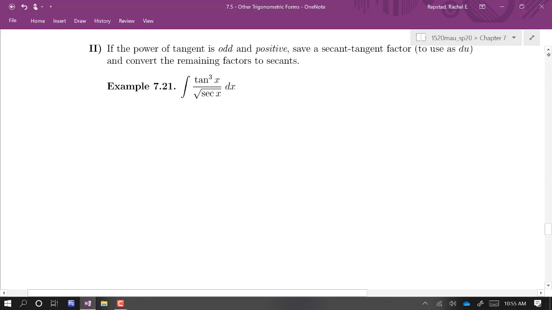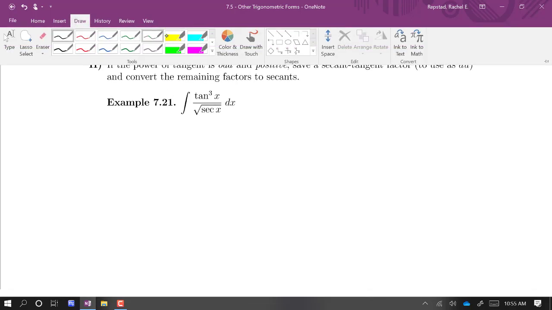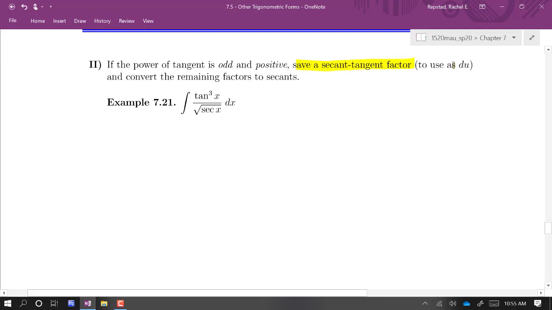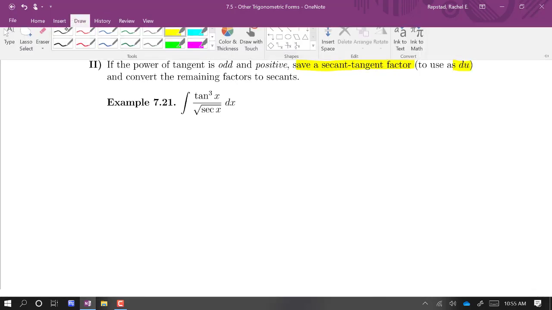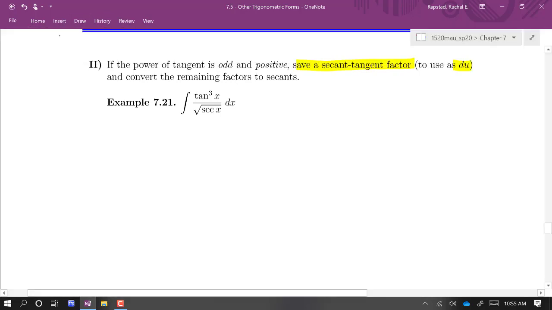Now, the other scenario that we can run into is if the power of tangent is odd and positive. Then we'd save a secant tangent factor at the end. So if we're saving a secant tan factor to be our du, that means we're thinking right out the gate that u is equal to secant, because the derivative of secant is secant tan.